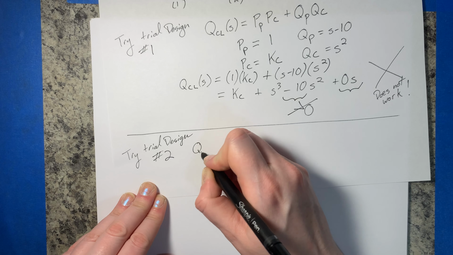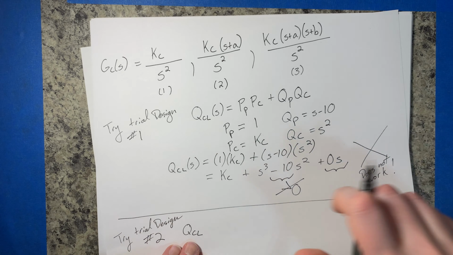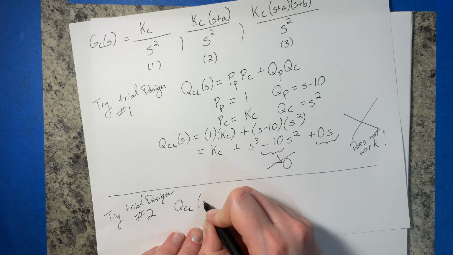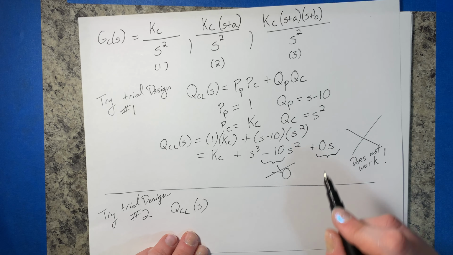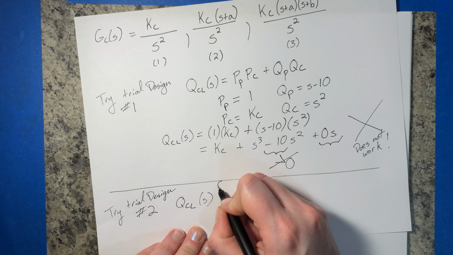Okay, so QCL in this case, the trial design number 2 is this KC times S plus A over S squared. So in this case, I'm just going to write them real small right here.